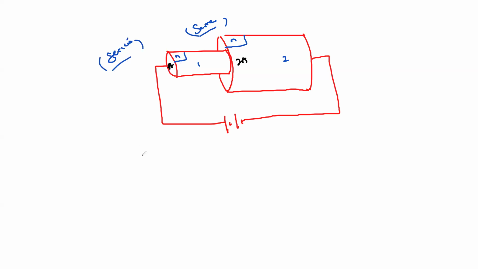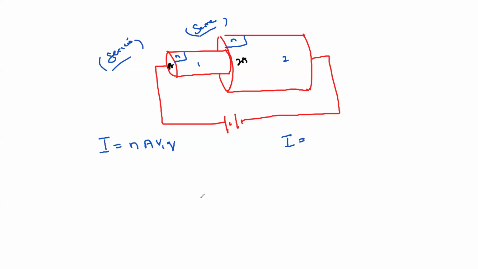If I apply the transport equation for the first one, I = nAV1Q, where n is the number of charge carriers in a unit volume, A is the area, V1 is the speed, and Q is the charge of an electron. For the second wire, it will also have the same current because they are connected in series.